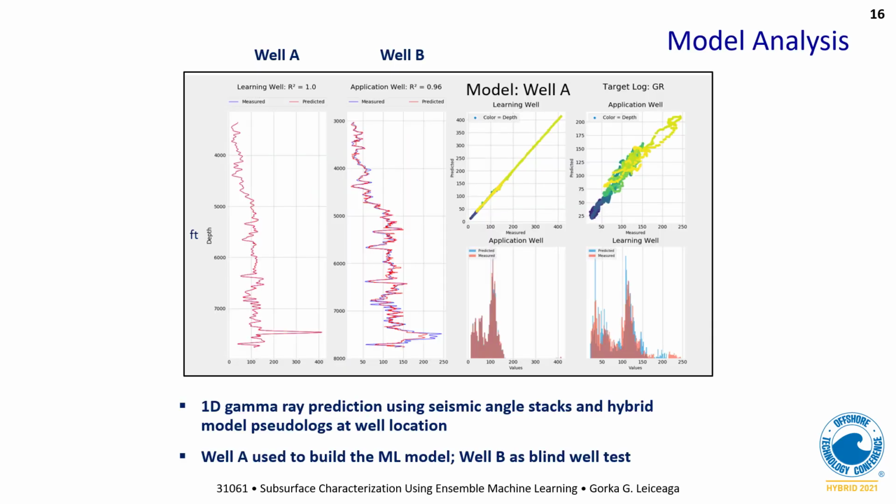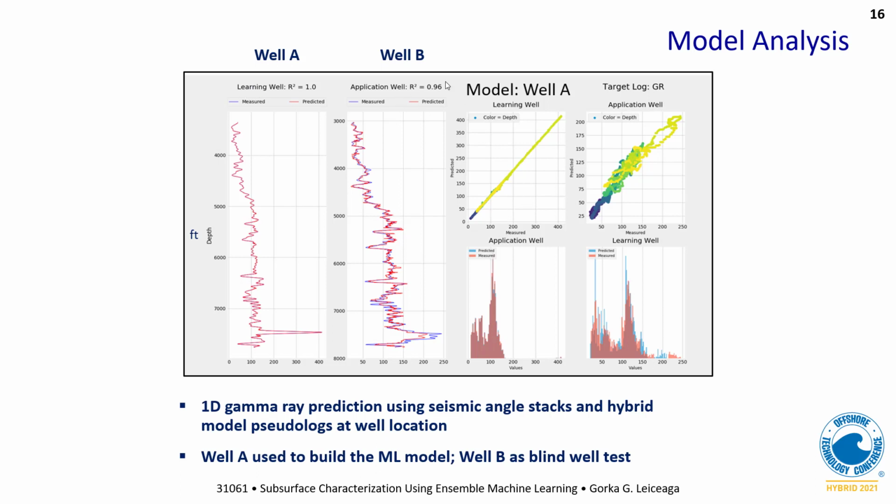So before we show the results, the machine learning model analysis, what I did was I used first well A to build the model, which is called the learning well, and then well B is the application well, which is the blind well. So here you have measured and predicted for the learning well, and measured and predicted for the application well.